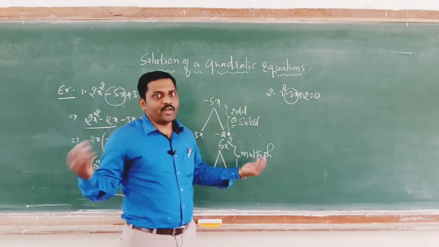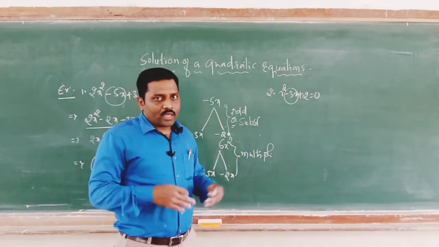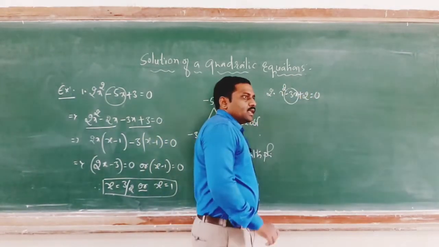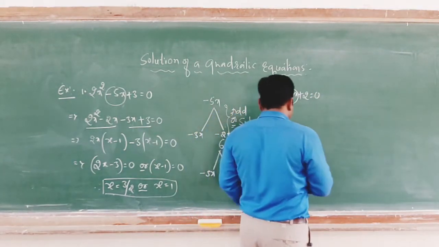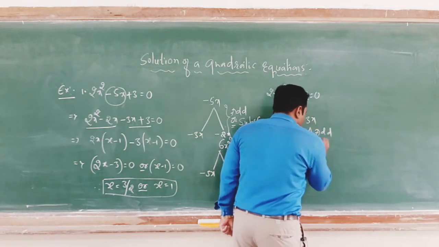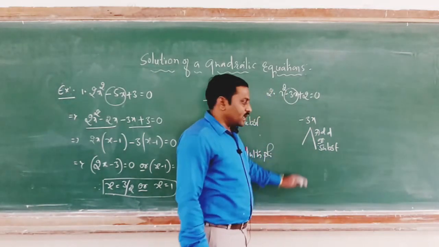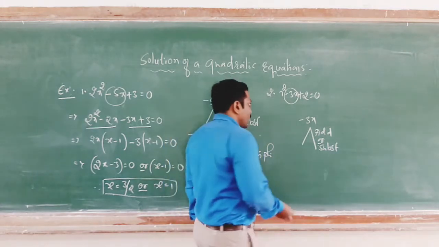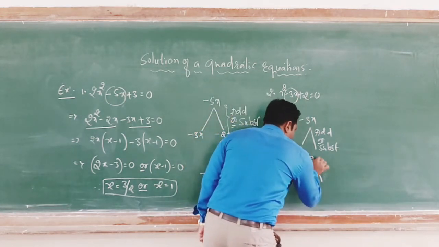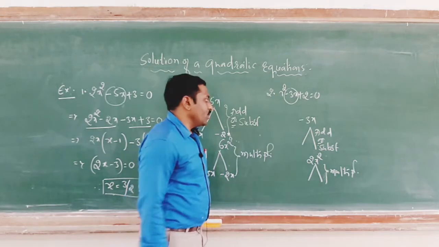The split terms, added or subtracted, give minus 3x, and the same terms multiplied give the product of the first and last terms, that is 1x square into plus 2, that is 2x square. So what are the split numbers?